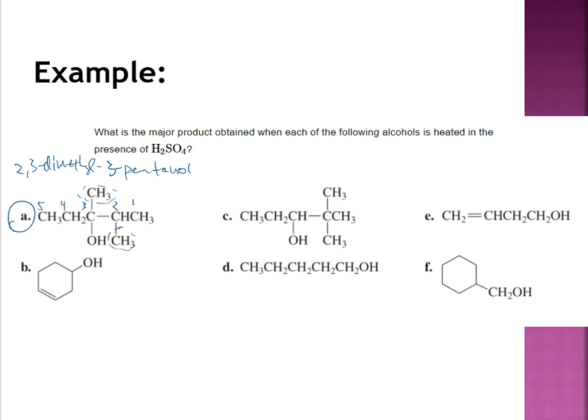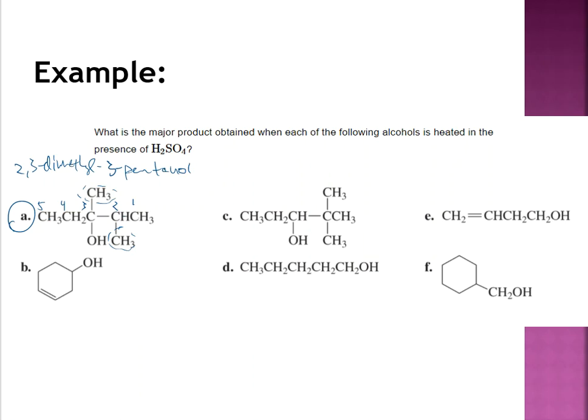2,3-dimethyl-3-pentanol undergoes an elimination reaction. That elimination reaction is an E1 mechanism taking place in more than one step, allowing for carbocation rearrangement to happen if needed. In this case, carbocation rearrangement does not happen because that alcohol is on a tertiary position.